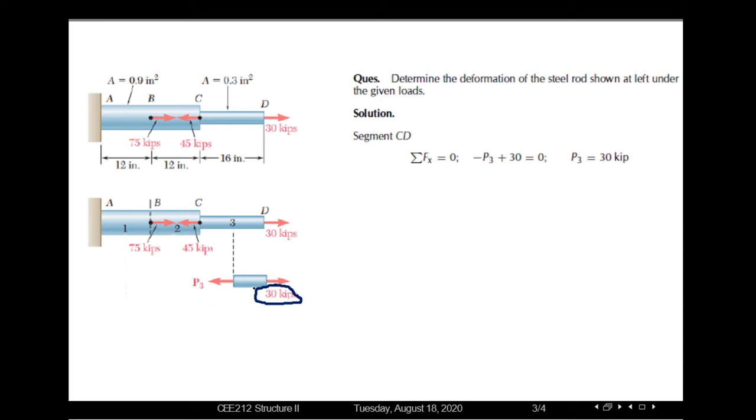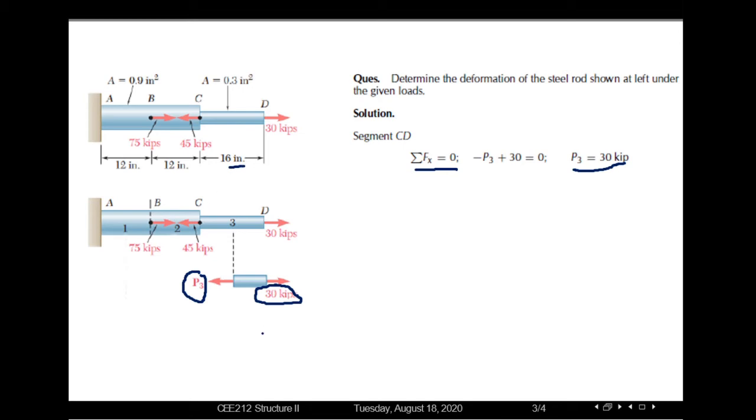So we are expressing this opposite reaction with P3, and we can easily see that the value of P3 will be 30, but using the equation of equilibrium, summation of Fx equals 0, we can calculate the value of P3 also. So the value of P3 will be 30 kips. So the net force of 30 kips is acting on this CD segment, and the length of CD is given here as 16 inches.